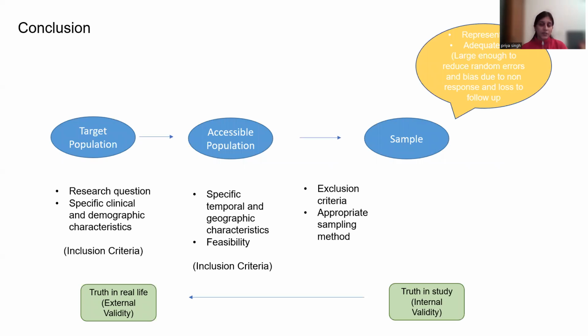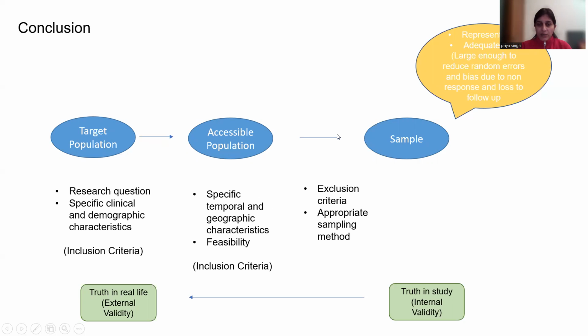So, to conclude, when a researcher decides to conduct a study based on the research question, he specifies some clinical and demographic characteristics, and using those inclusion criteria, he selects a target population. From this target population, an accessible population is obtained by applying specific temporal and geographic characteristics and based on the feasibility of the researcher.